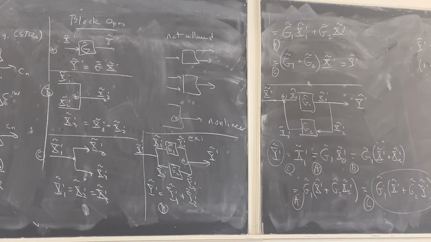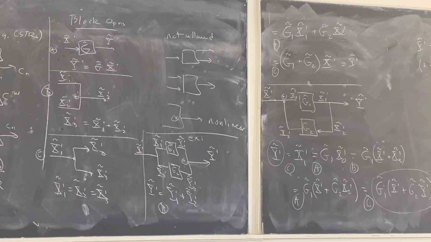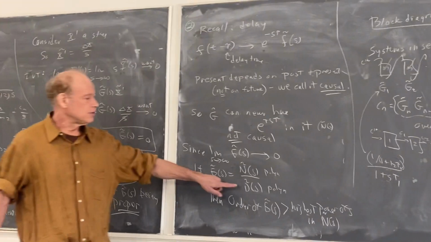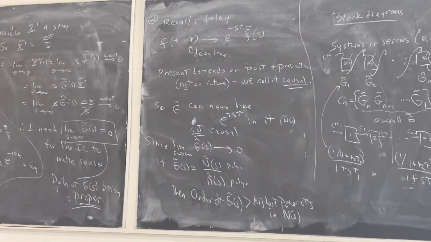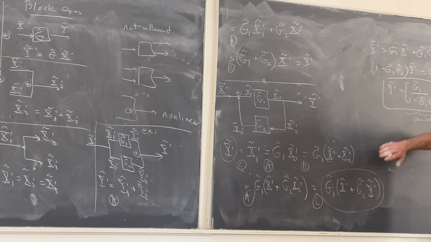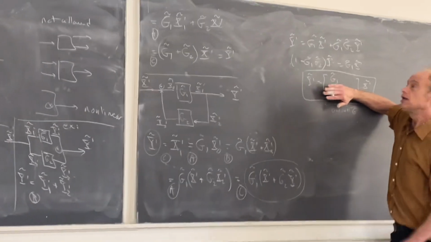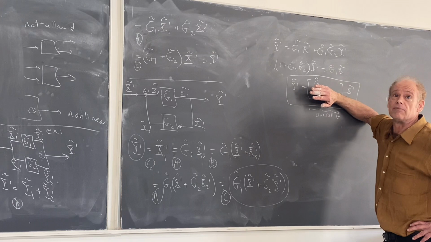Now you might say, okay, lovely. That and a metro card will get me on the subway. Well, remember all this discussion we had before. I need this to be the case. My stability is based on the denominator of the overall G. If I didn't have feedback, if I got rid of this, no feedback loop, that would be my G. So it would be the denominator of G1 that determines the stability of the system.